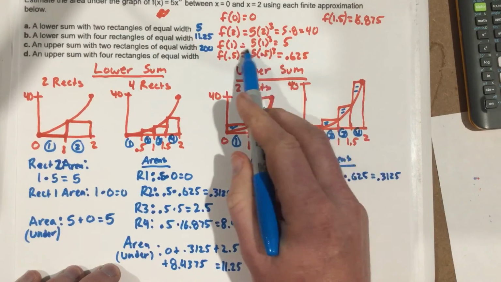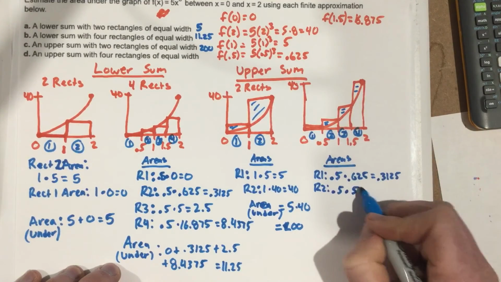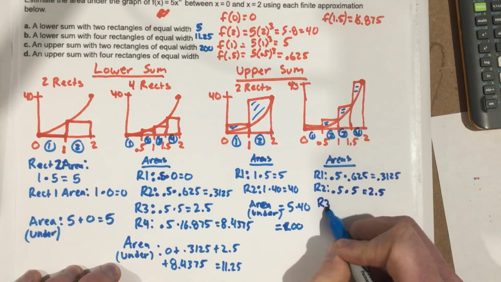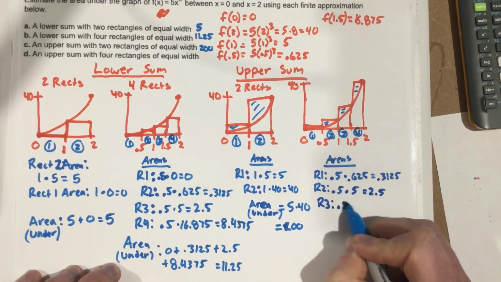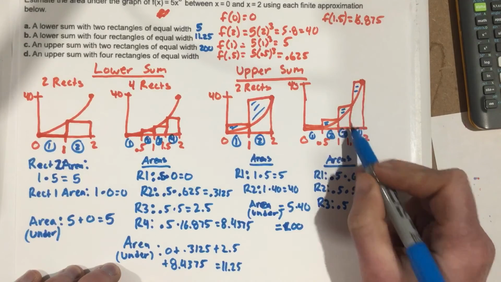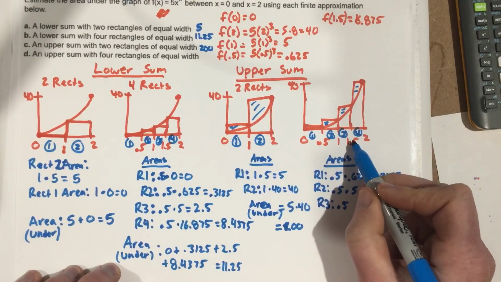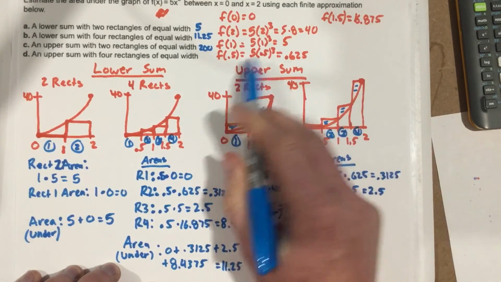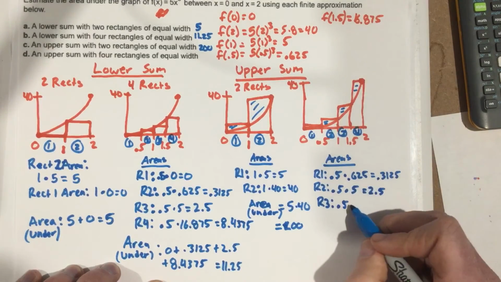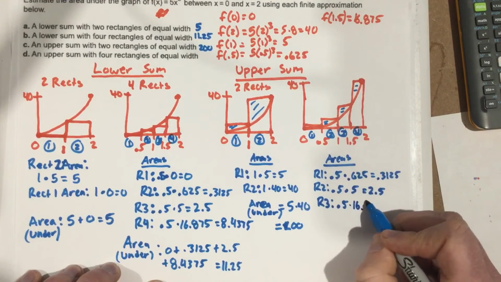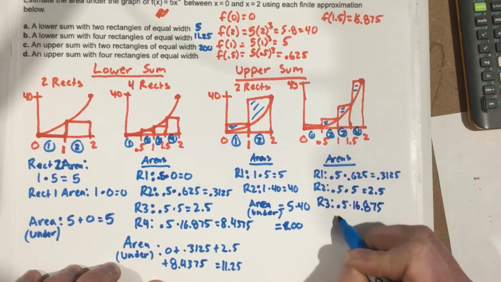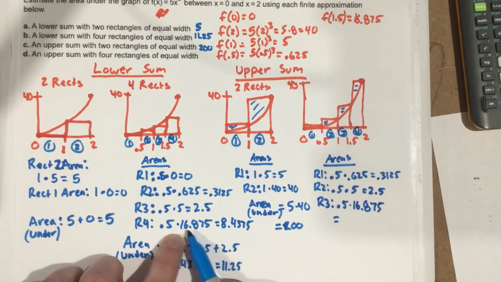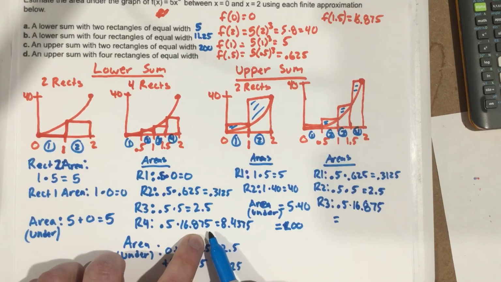F of 1 is 5. And we know that to be 2.5. Rectangle 3, width of 0.5. Our height is going to be f of 1.5, which is 16.875, which gives you, if you look back over here, we did that 0.5 times 16.875.